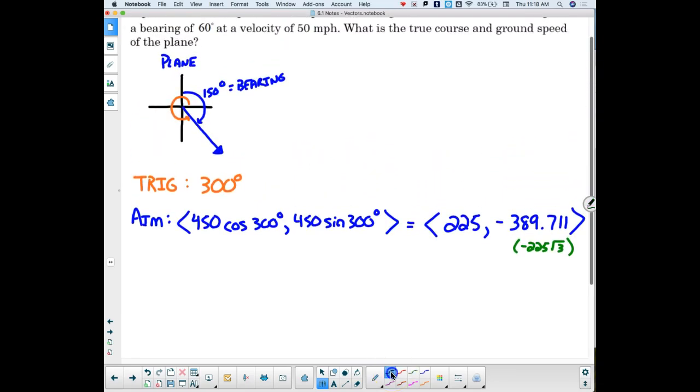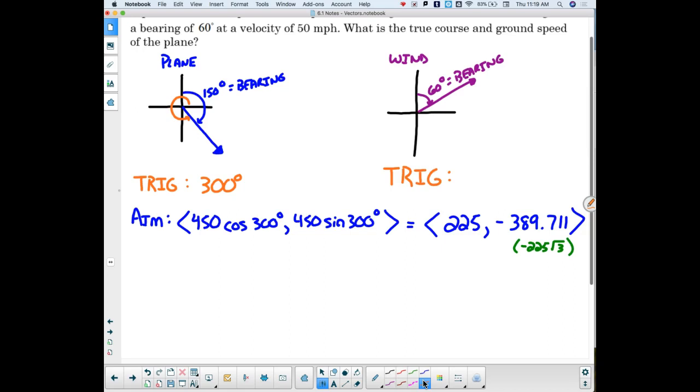Now, we got the wind. The wind has a bearing of 60 degrees. What is the wind's trig angle?